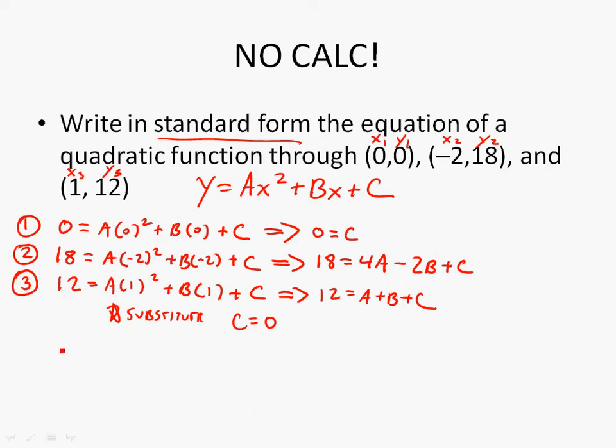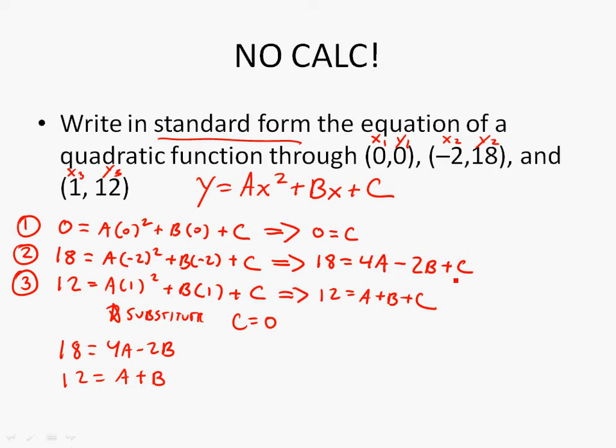So I have 18 equals 4a minus 2b, and I have 12 equals a plus b. Again, the c just goes away because c equals 0.